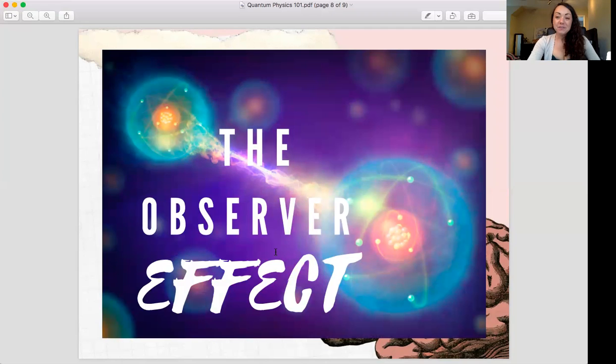Now, I don't know if you've ever heard of the idea of the observer effect, but another aspect to the quantum atom is that electrons in the field only act in a predictable way when there is an observer, when there is another electron force or atom force influencing it or looking at it or investigating it.